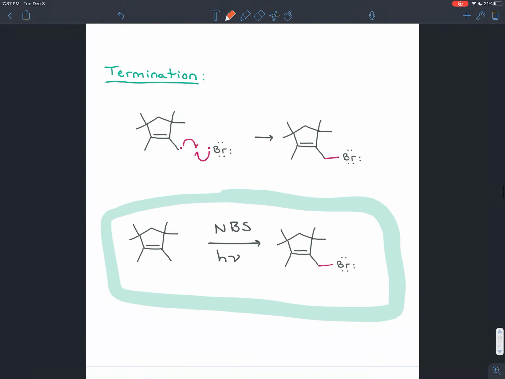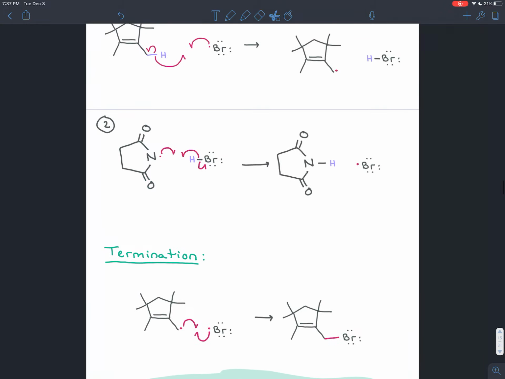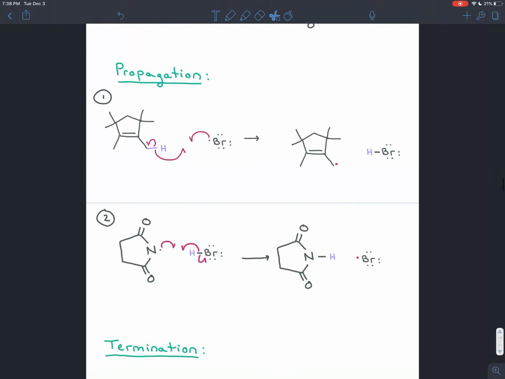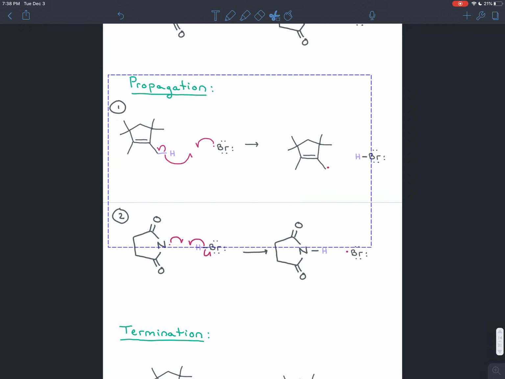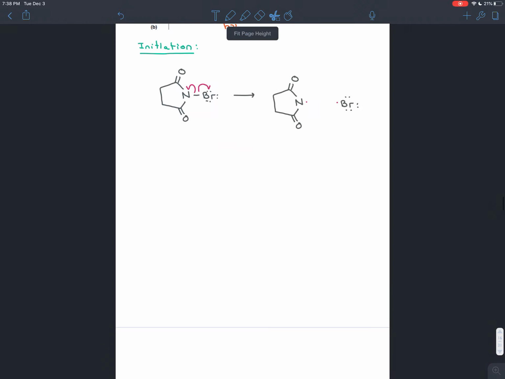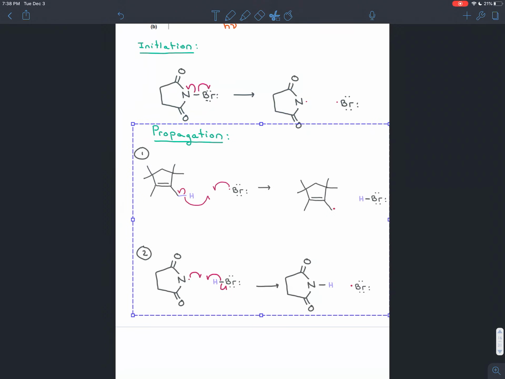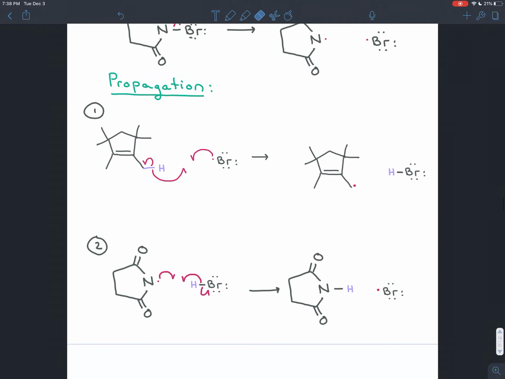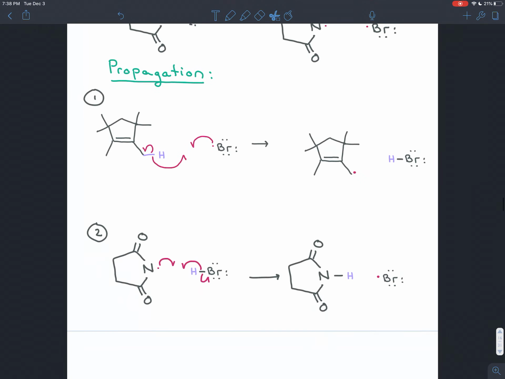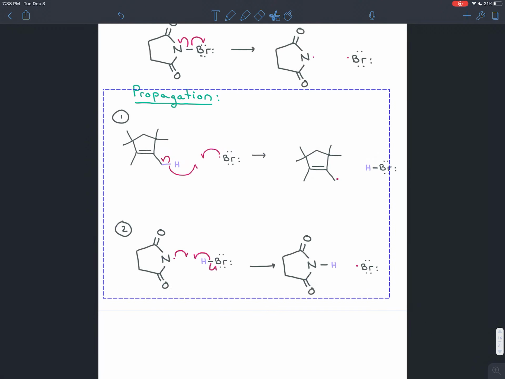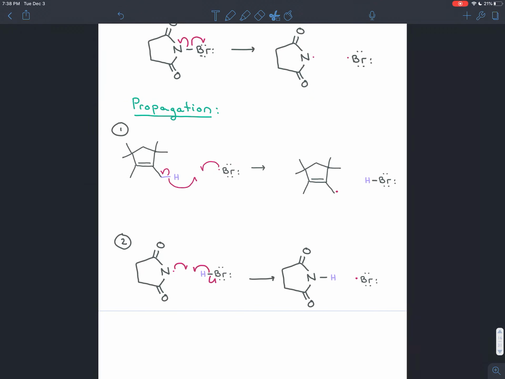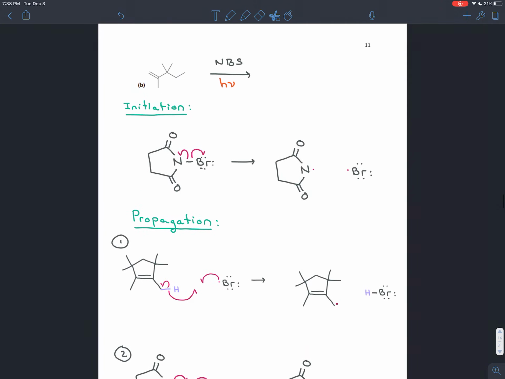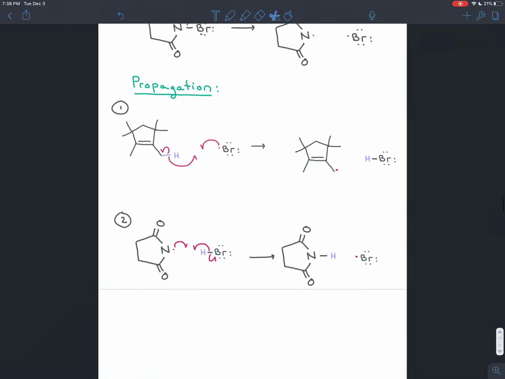Now, let's think about the propagation step. We're going to have two propagation steps. In the first propagation step, we're going to take our molecule. I'm going to copy that down.